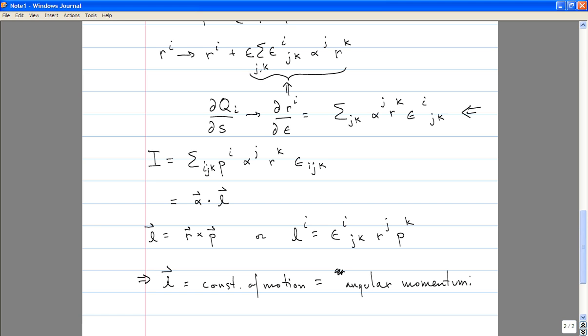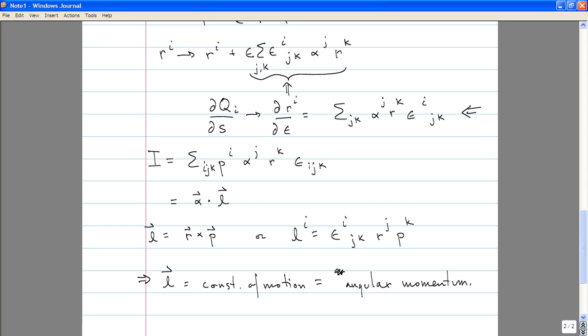I should make one important comment here, which I did mention last time, which is that this derivation that you see on the transparency up here really did not require the specific form of the Lagrangian.